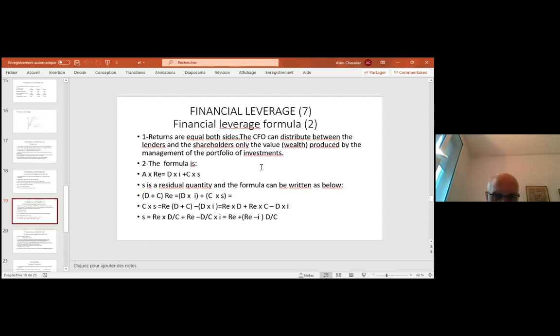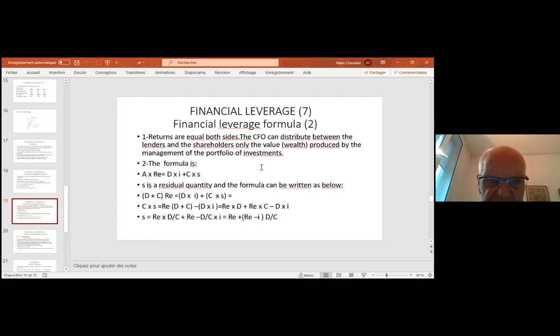And this should be equal at the end to the cost of debt, D level of debt multiplied by the average cost of debt, I, plus C, which is the level of total equity multiplied by S, the cost of equity, or return on equity. So S in that kind of presentation is a residual quantity, and the formula can be written as below. Replace A by D plus C.